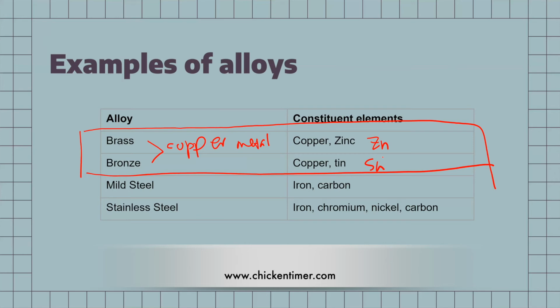I remember it as if it's brass, there's S there, so the alloying element will be the opposite. That means the one without the S. Then bronze, right? There's a Z there. So the alloying element will be the opposite. That means it will be the element with the S. I remember like that. You can devise your own way to remember what is the constituent element.